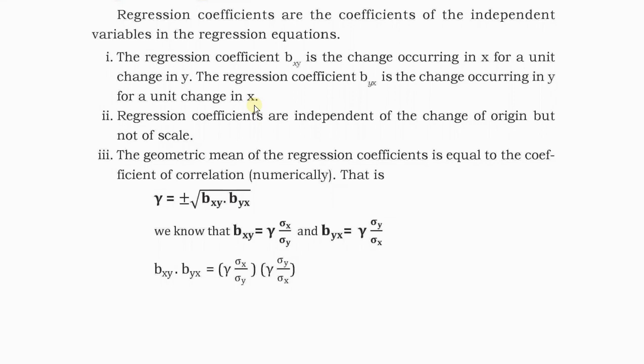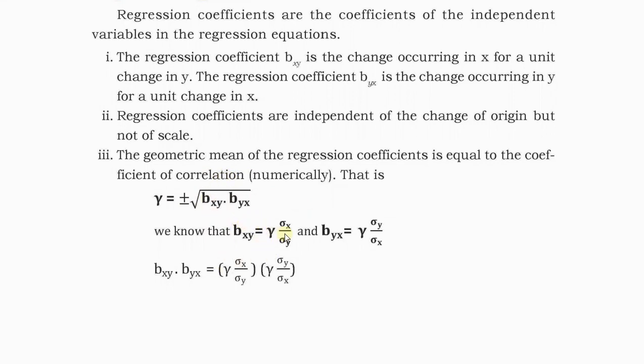The geometric mean of the regression coefficients is equal to the coefficient of correlation. Numerically, the correlation coefficient is equal to plus or minus square root of bxy into byx. Since, while estimating the regression coefficients, we involve the correlation coefficient, the correlation coefficient is nothing but the square root of the product of both the regression coefficients.